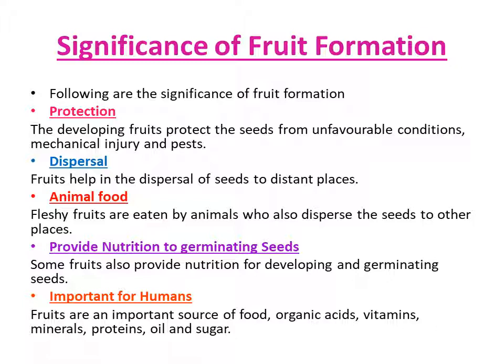Dispersal. Fruits help in the dispersal of seeds to distant places. Animal food. Fleshy fruits are eaten by animals who also disperse the seeds to other places. Provide nutrition to germinating seed. Some fruits also provide nutrients for developing and germinating seeds.